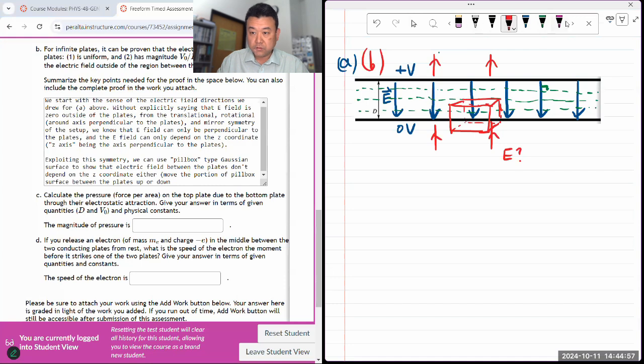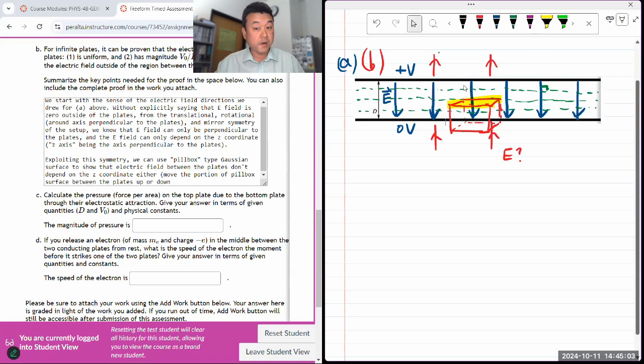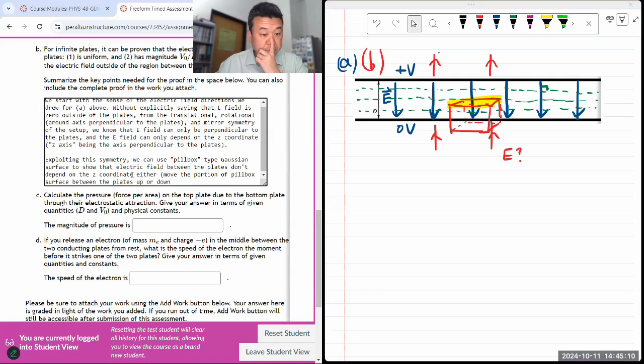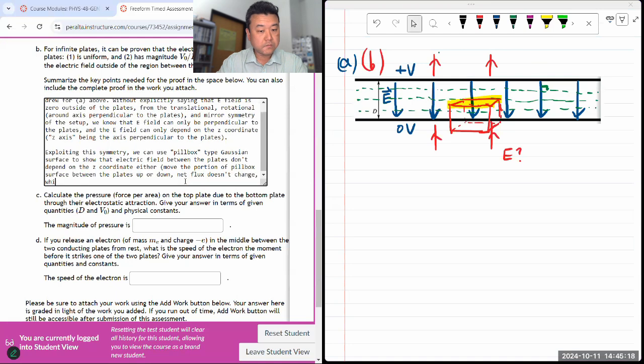So what you are then doing in this argument is imagining moving this surface up or down. And as you do, the flux doesn't change, which means the electric field through this surface must not be changing. Either move the portion of the pillbox surface with the plates up or down. Net flux doesn't change, which also means the electric field doesn't change. Gaussian surface to show.